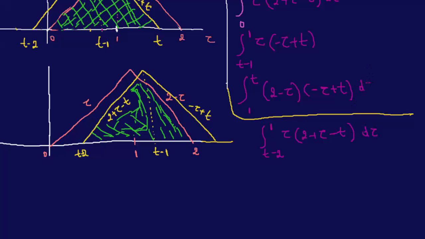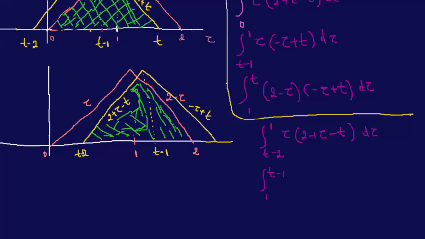Of course delta tau, we're integrating here. Alright, so we can keep moving. 1 to t minus 1, that's our second one. What do we have from 1 to t minus 1?